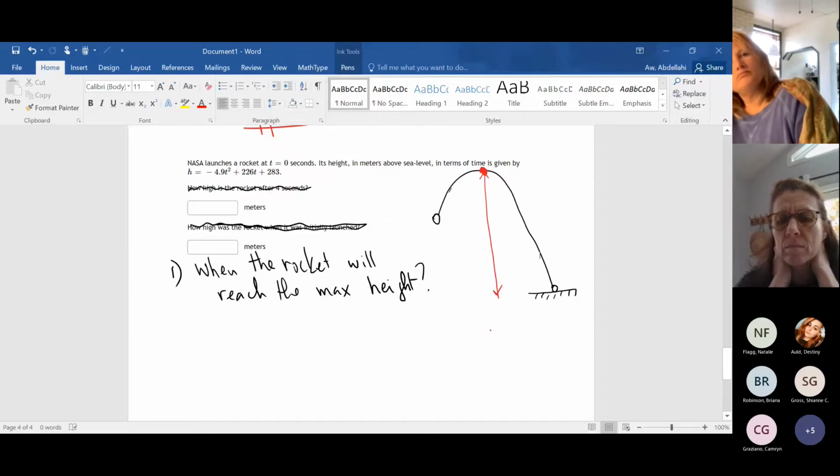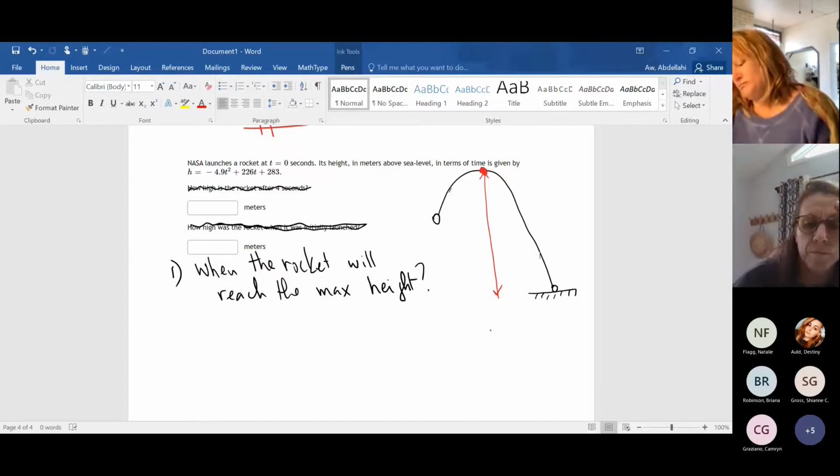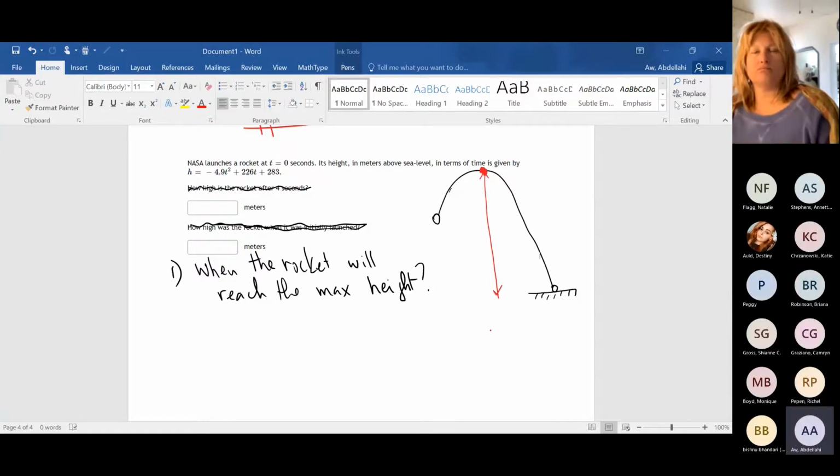Everybody see that? Okay. When I say that, the equation is given to me like that. By the way, this equation comes from physics, okay? But we're not investigating where the equation comes from. When the rocket will reach the maximum height, there is a key word here that makes me think that the answer will be given by the vertex.